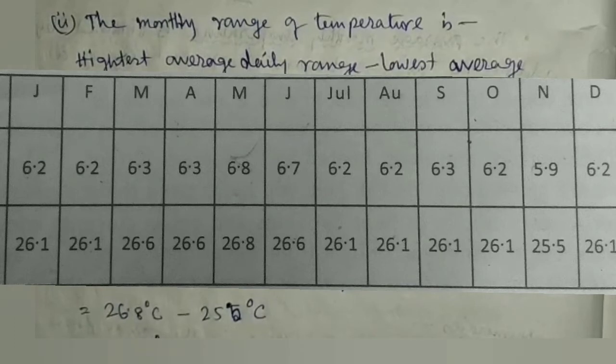July, 6.2 and the average temperature is 26.1 degrees centigrade. August, 6.2 and the average temperature is 26.1 degrees centigrade. September, average daily range is 6.2 and the average temperature is 26.1.